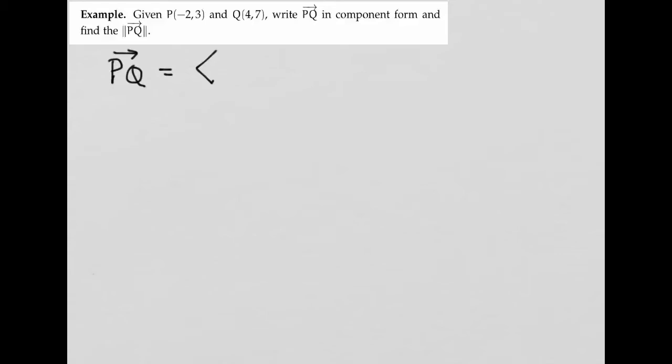It's the x-coordinate of Q minus the x-coordinate of P. And the second component of vector PQ is the y-coordinate of Q minus the y-coordinate of P. Hence, the components of PQ are 6, 4.